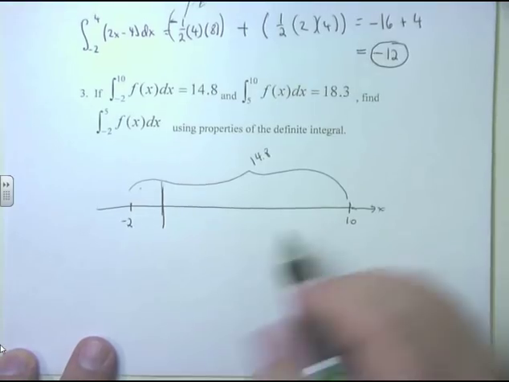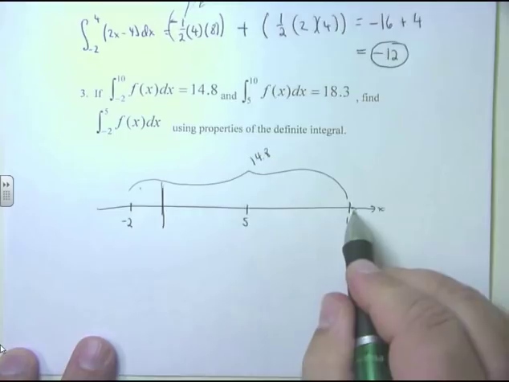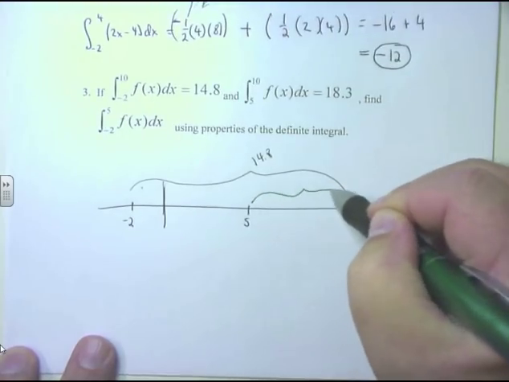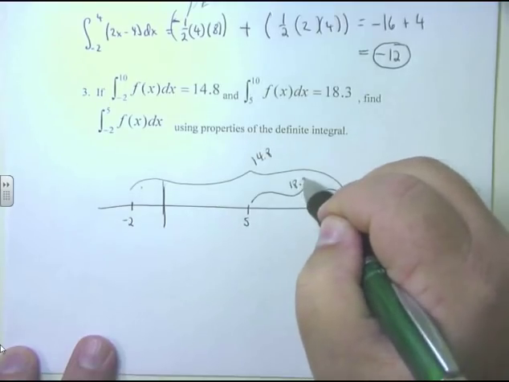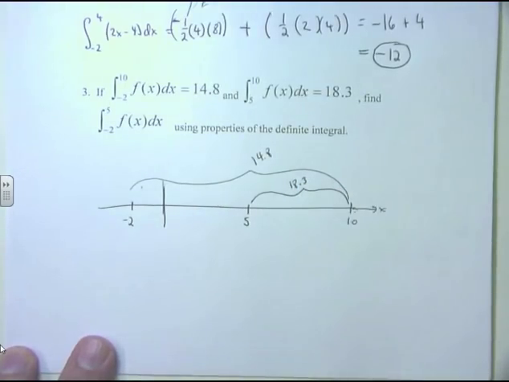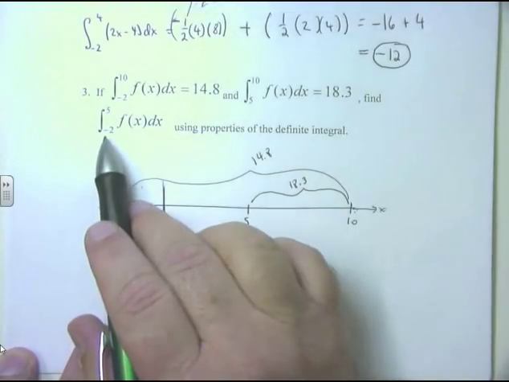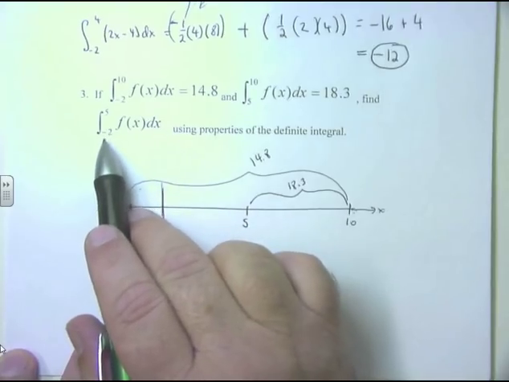But when I go from 5, we'll make this part right here, 5 to 10, the area under the curve between 5 and 10 is 18.3 square units. You'll notice that they're trying to ask you what is the area or the integral between negative 2 and 5 of f of x dx, which in other words is what's the area between negative 2 and 5.